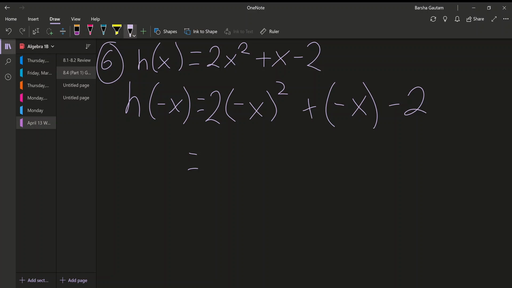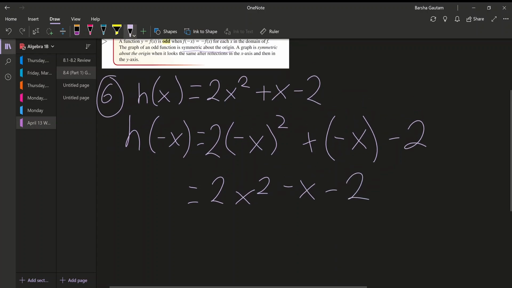All right, so now let's go ahead and simplify again. Negative x squared, remember the negative is part of the square, so it's inside the parentheses, so that means we're also going to be squaring the negative, which is negative 1. So that's going to give us x squared, and then positive times a negative x is going to be negative x minus 2. And now we're going to look back at our original function, right? 2x squared minus x minus 2.